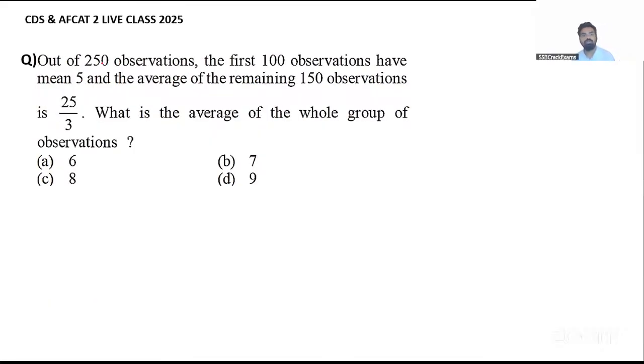Next, out of 250 observations, the first 100 observations have mean 5 and the remaining 150. Sometimes you can see it written as mean. In general mathematics, at the level we are studying, average is the same as mean.